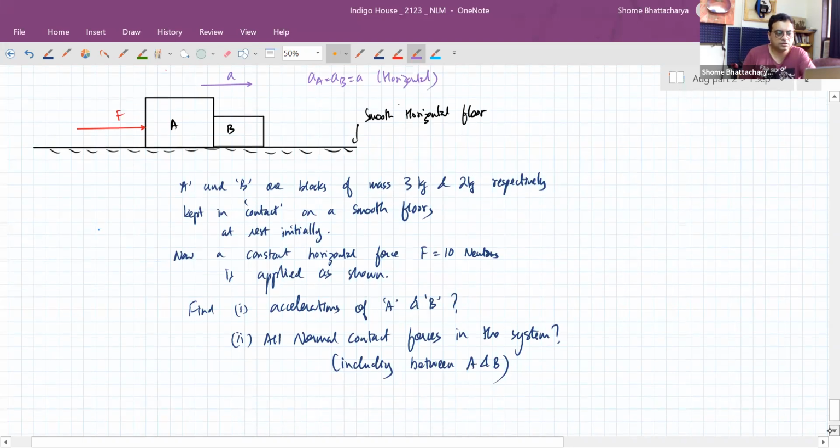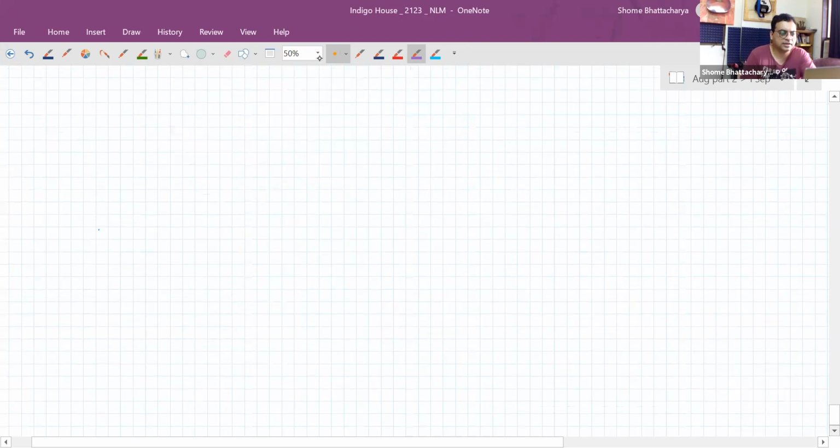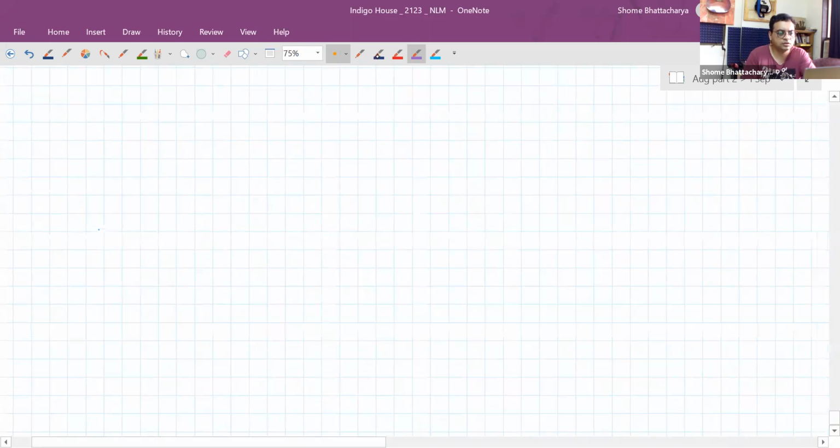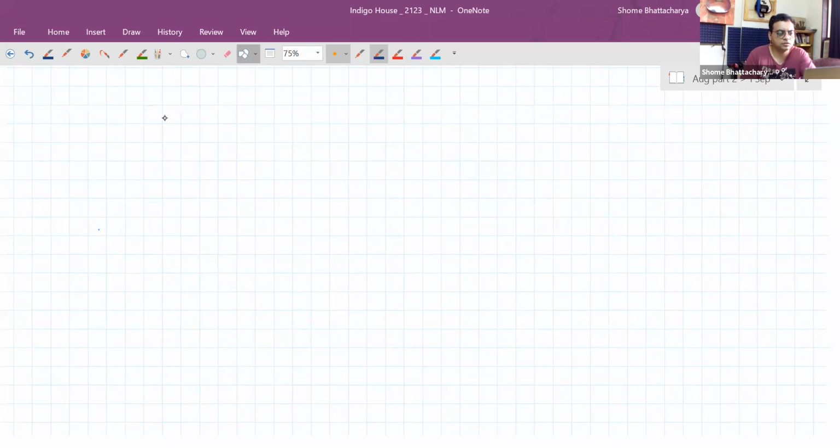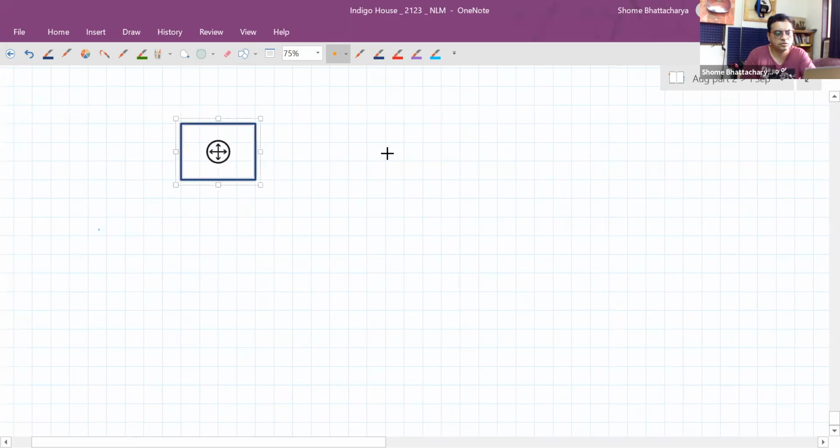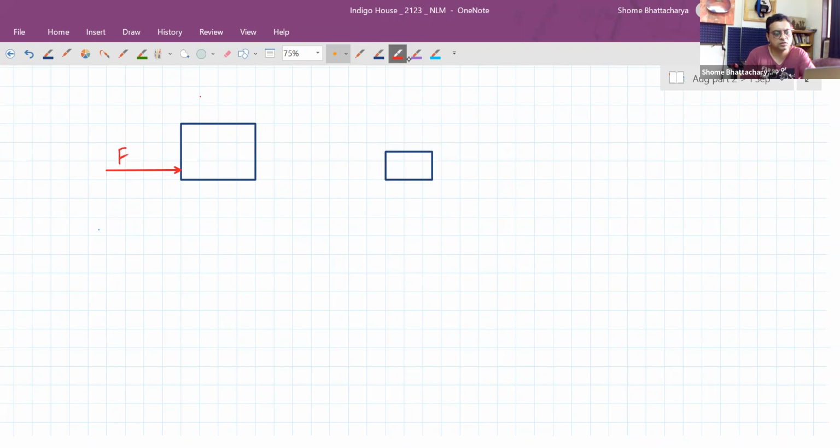So now if we make the diagrams for A and B individually. The moment you start pushing A with some external force, like this, immediately A pushes B because it's against B with some normal contact force.